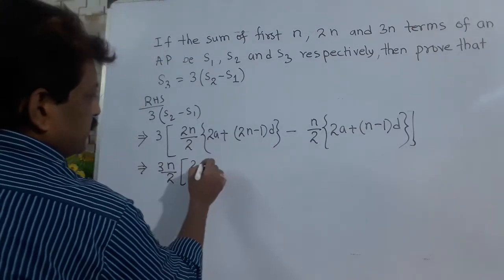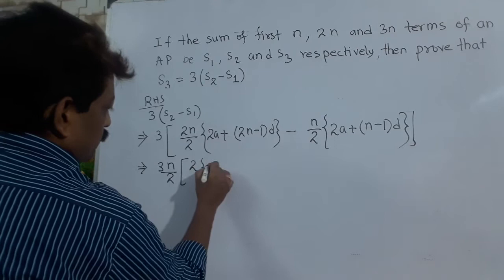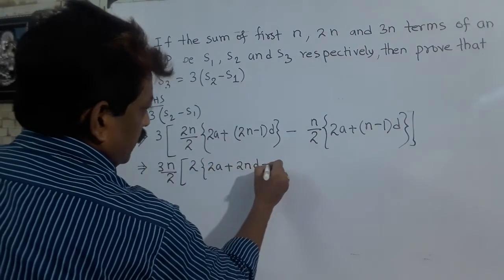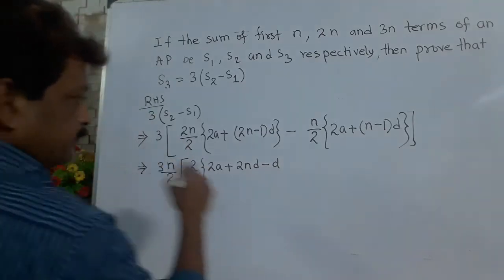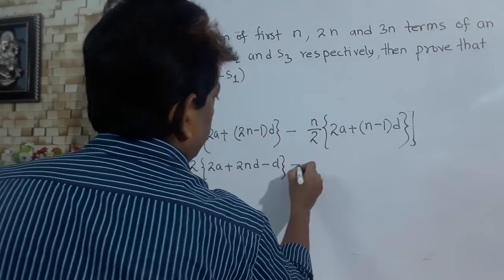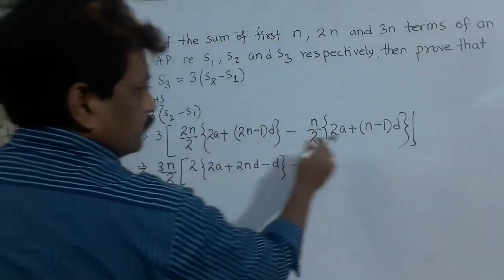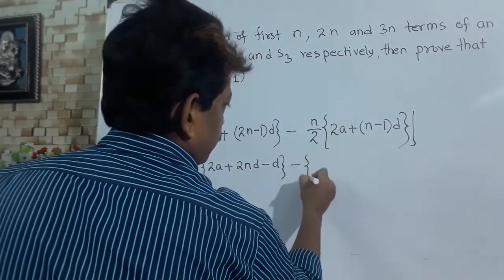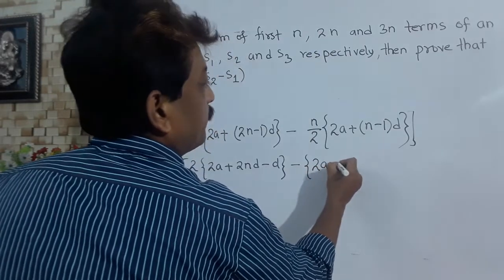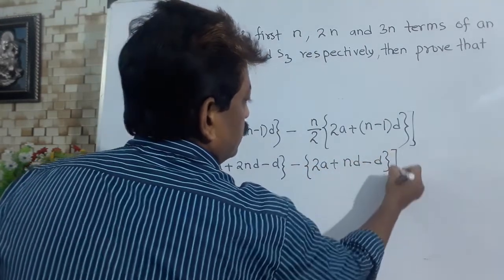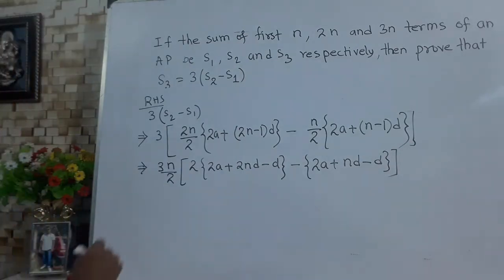Now let me simplify inside the second bracket. So it will be 2a plus 2nd minus d, and since I have taken n by 2 common, only this part will remain inside the bracket. So it will be 2a plus nd minus d, second bracket closed, third bracket closed.